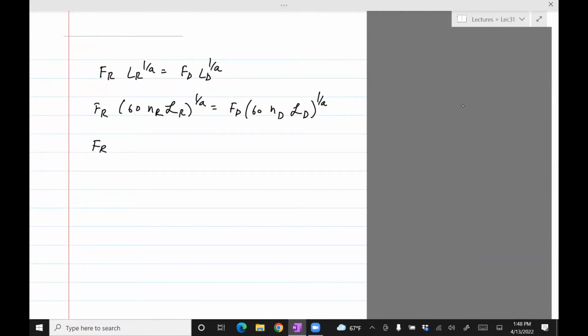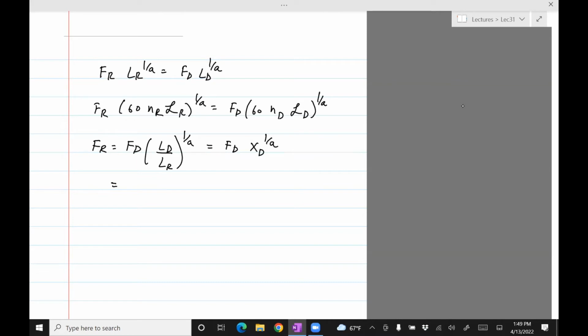So F_R is F_D. You can either write it as L_D over L_R, so this is not the abbreviated one, equals F_D times X_D, and I'll define X_D in a bit.